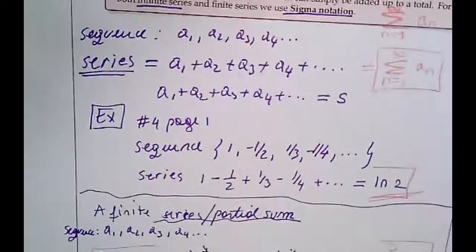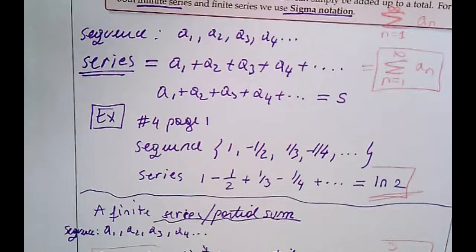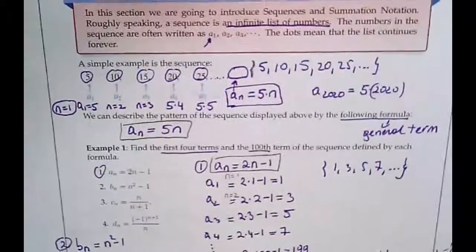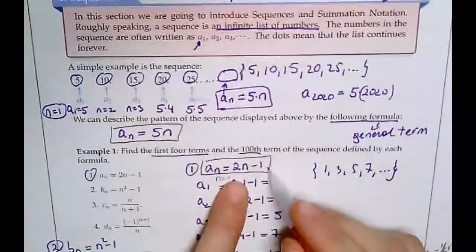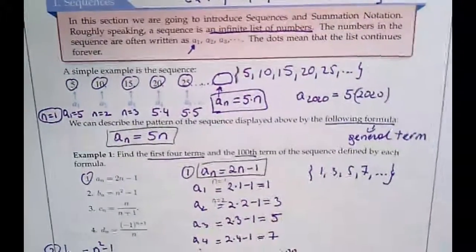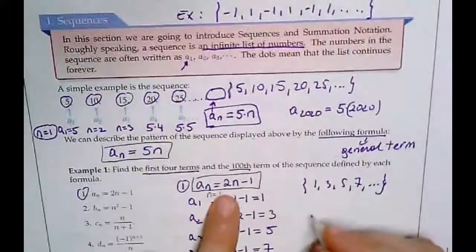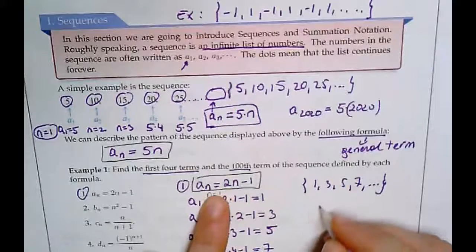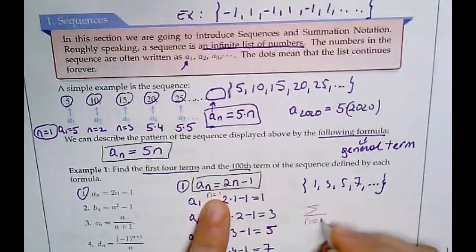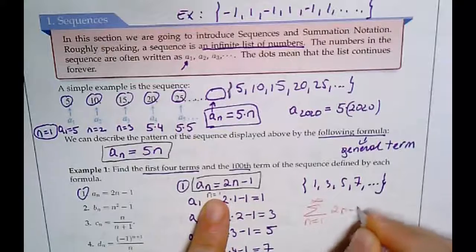So let's see. For example, for this one, if I wanted to look at the series, you would say that the series is from n equals 1 to infinity of 2n minus 1.